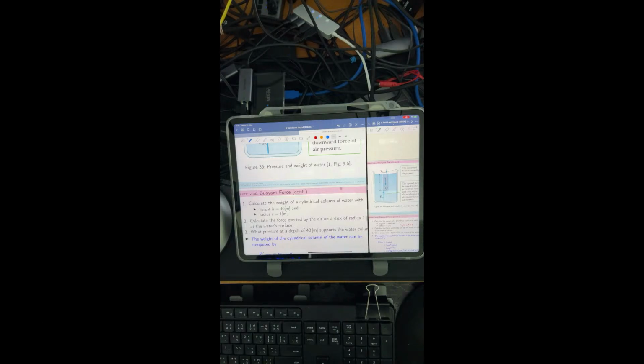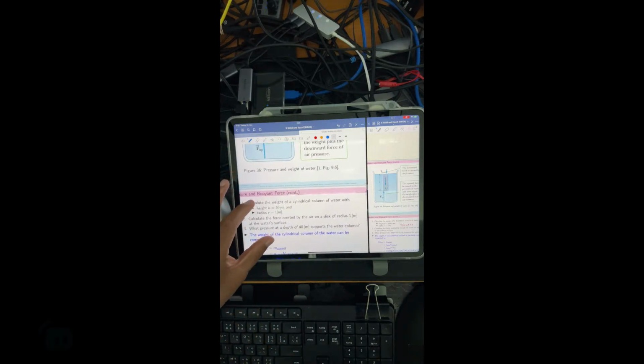The height of the can is 40 meters, a giant can. Calculate the force exerted by the air on a disc of radius 1 meter at the water surface.